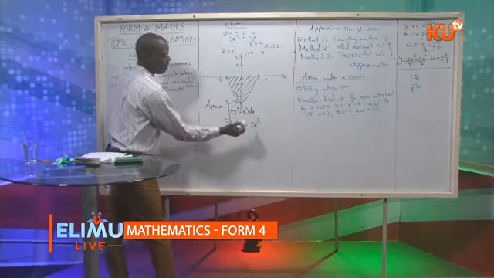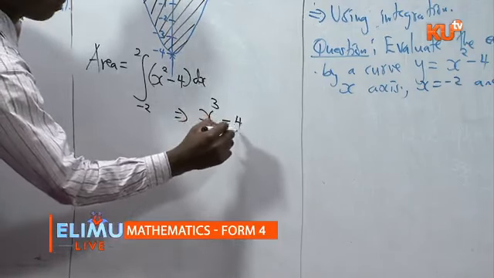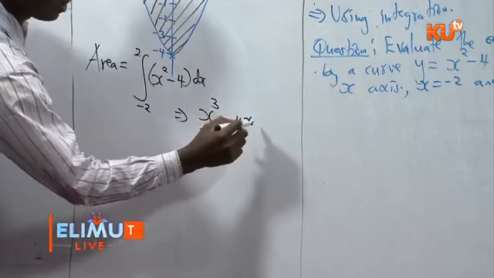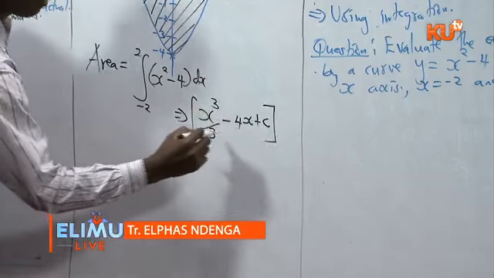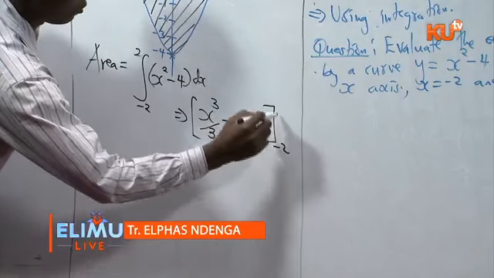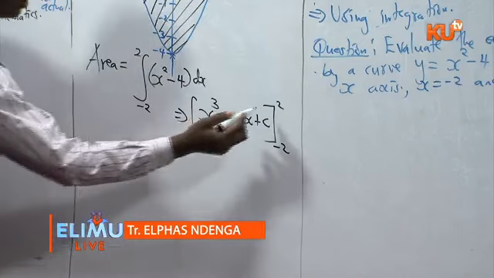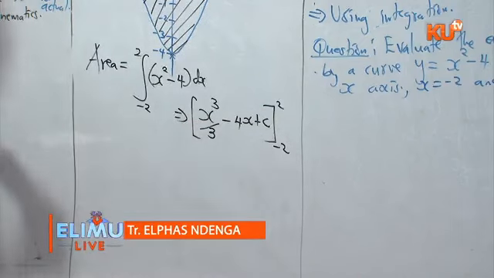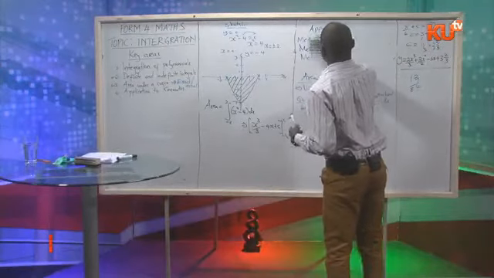Why? Because we are adding 1 to the power and we divide by the new power, minus 4x, then we add c, from -2 to 2. So we substitute in x is equal to 2, and then x is equal to -2, then we get the difference.